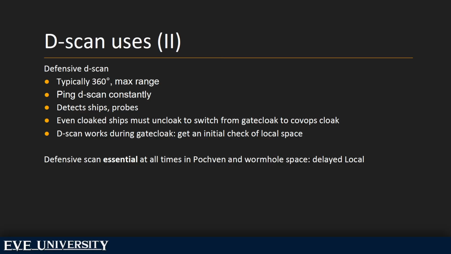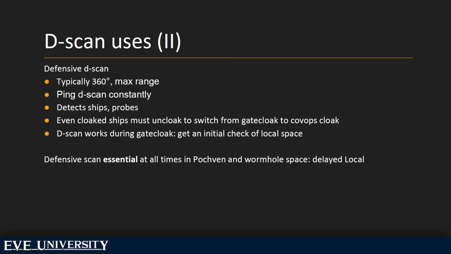And you will see ships, combat probes, and other stuff. Even cloaked ships, if they jump in the system, must uncloak to switch from gate cloak to covert ops cloak. And if you check your D-scan regularly, you will see them appear on the D-scan and then disappear again. And it may give you some advanced warning as well.